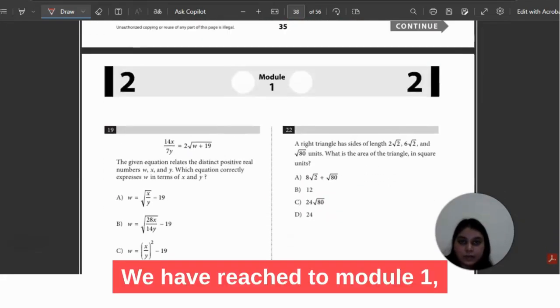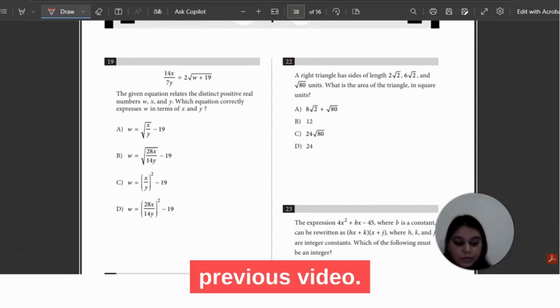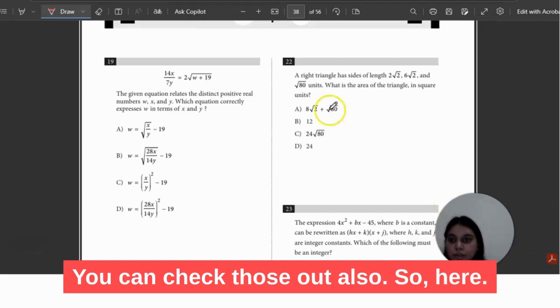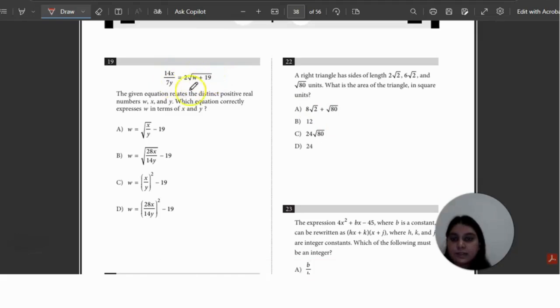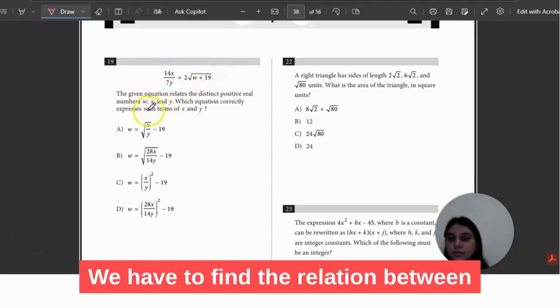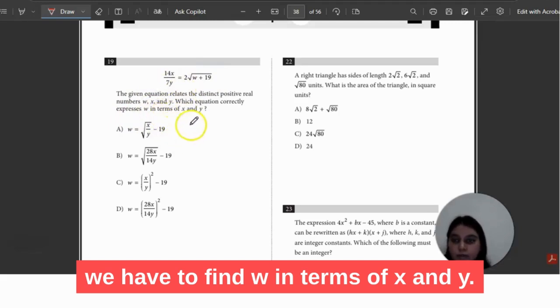Question 19. We have reached module 1 question 19. All the other questions are done in the previous video. You can check those out also. So here, 14x by 7y is equal to 2 under root w plus 19. We have to find the relation between x and y and w. Basically, we have to find w in terms of x and y.